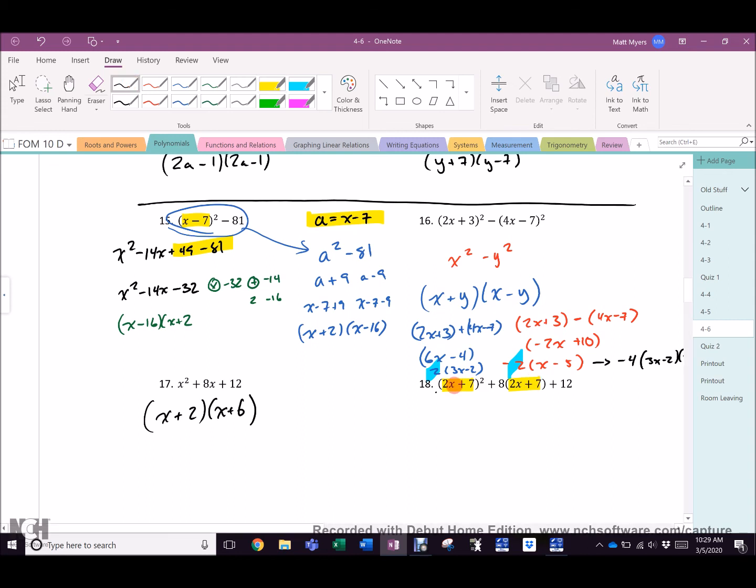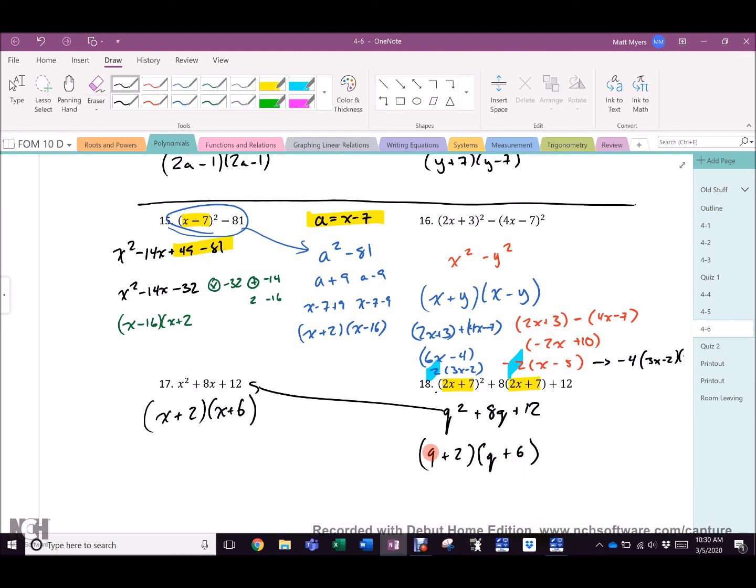So can I make that any other letter? I always choose A, but you don't have to. Q squared plus 8Q plus 12. Isn't that the same as that? So isn't this Q plus 2 and Q plus 6?